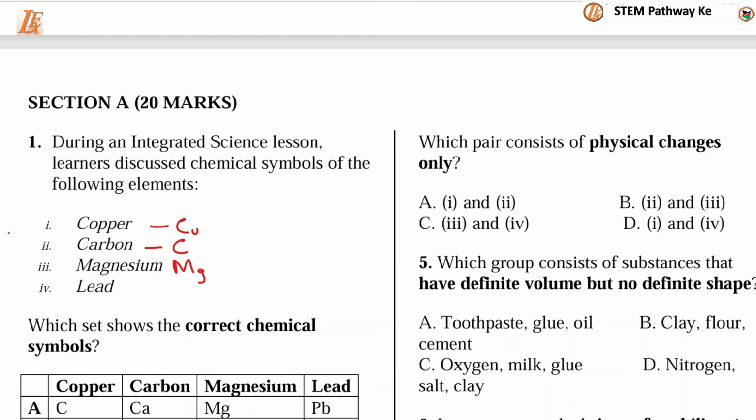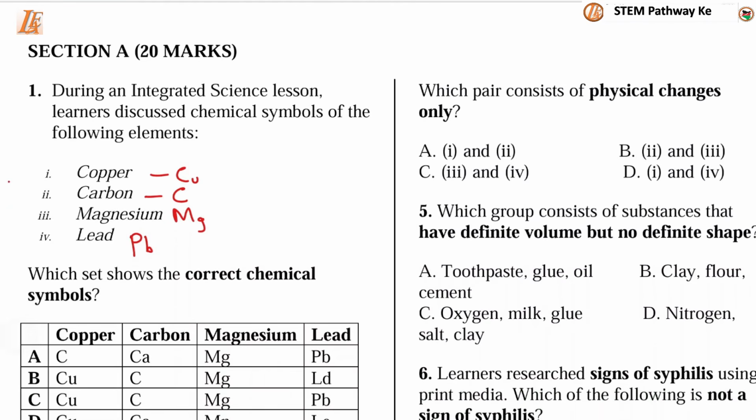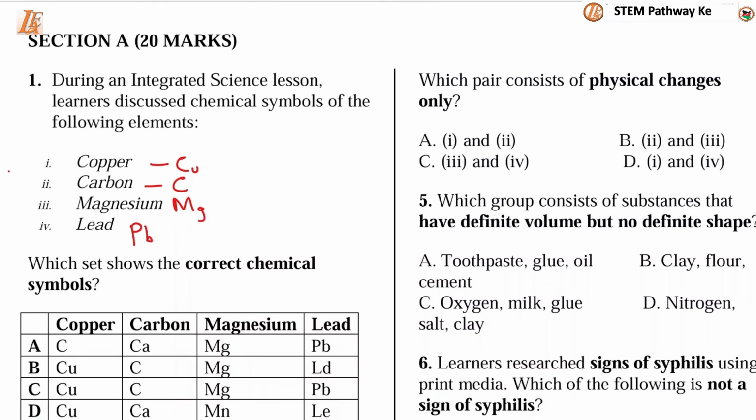Then lead, the chemical symbol is capital P, small b. Therefore, the correct chemical symbols are Cu for copper, C for carbon, Mg for magnesium, and Pb for lead. Therefore, the correct answer is C.